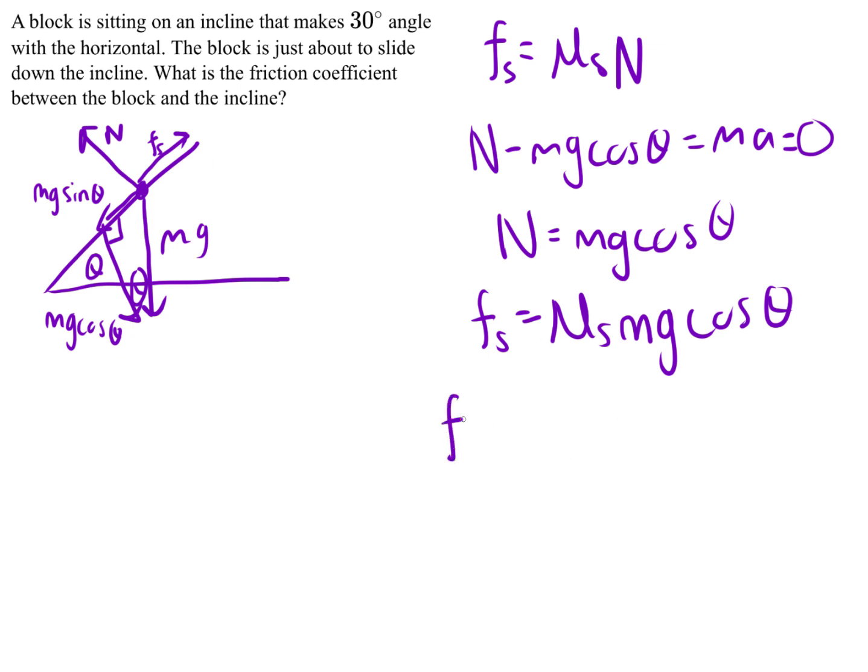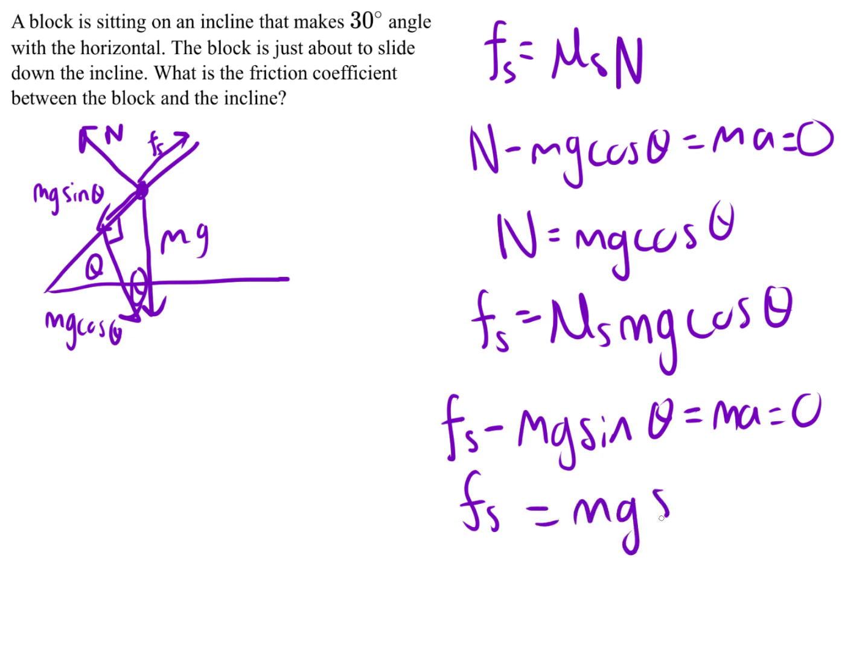From this, we can say that the force of static friction minus the component of gravity that is parallel to the incline, or mg sine theta, is again equal to the mass times acceleration, which is 0. There's no acceleration. So the force of static friction is equal to mg sine theta.